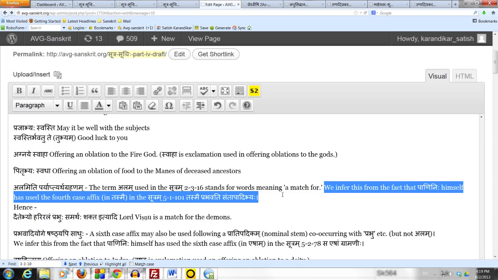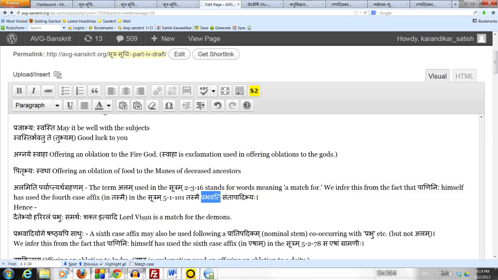Here we don't have alam, we have prabhavati, which is of course derived from the verbal root bhu with the upasargaha pra. So from this we know that the fact that tasmai has been used by Panini himself with the fourth case affix tells us that it is not just alam, but words which convey the meaning of being a match for or sufficient for qualify for application of this sutram.